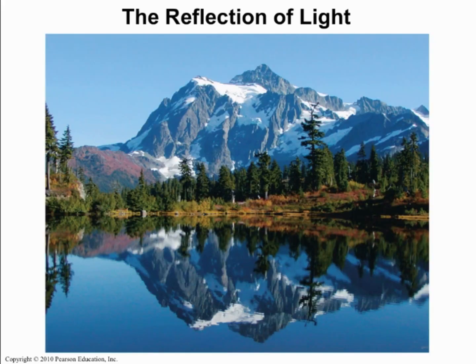Now, water can sometimes approach specular reflection. Here we have a beautiful image of a lake reflecting the trees and the mountain. It's not perfectly specular, but you can see that the water is fairly calm.